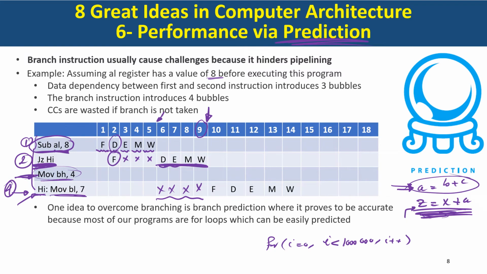Okay, that's why we have what's called branch prediction. So the idea of prediction: can you predict whether I will be equal to 1 million or less than 1 million in advance? And if you could predict this correctly, for example here, if we could predict correctly that we're gonna go to high, then we can decode, execute, memory, write back, and finish by the end of cycle 10.